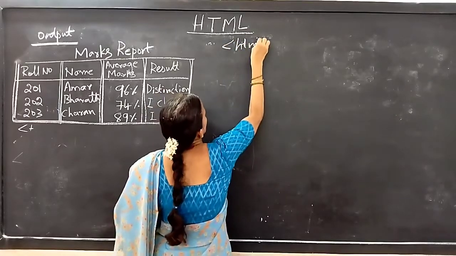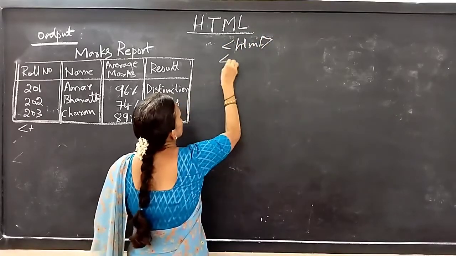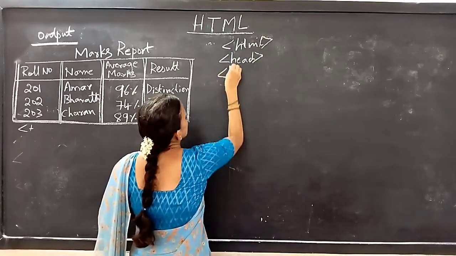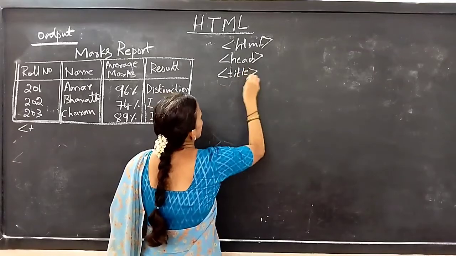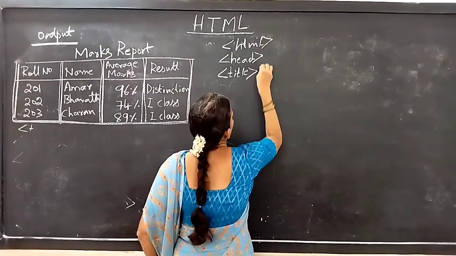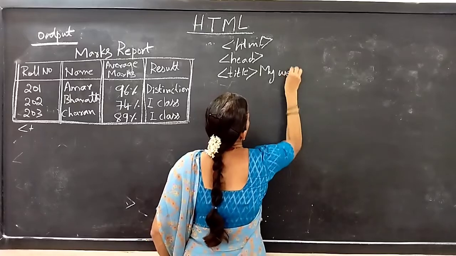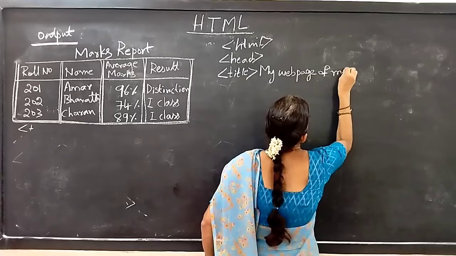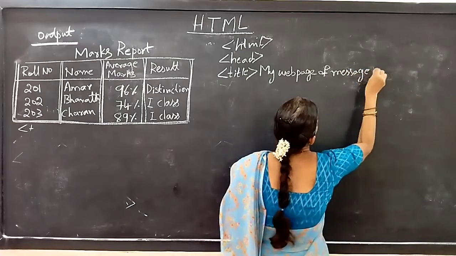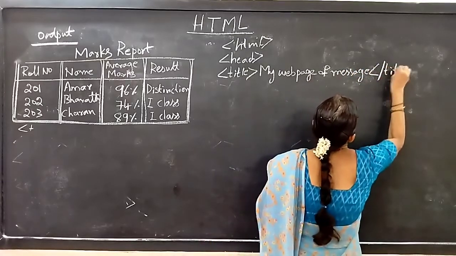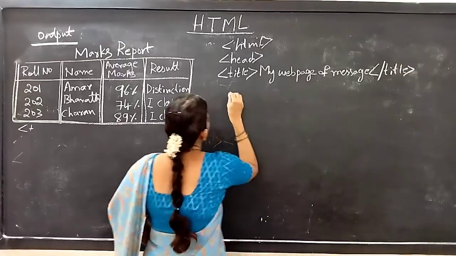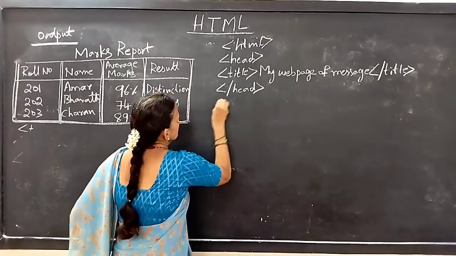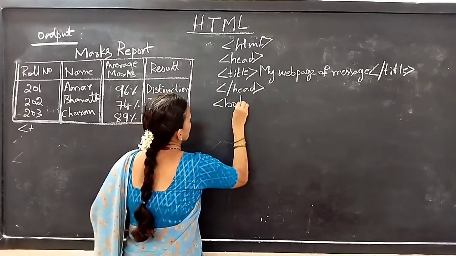First step is HTML, then second is head, and third is title. In the title we will give my web page or message. Okay. So title will close, then slash head, then we'll give the body tag.